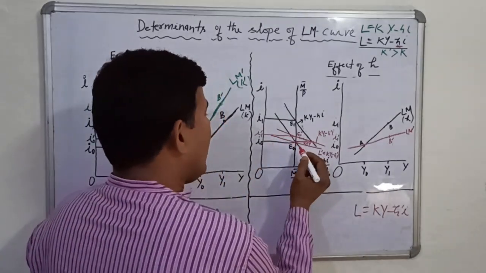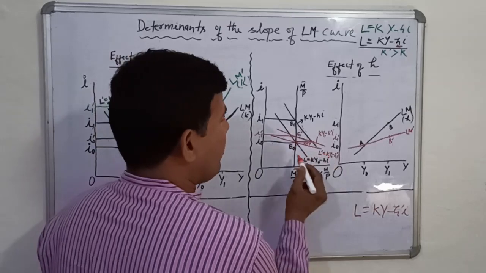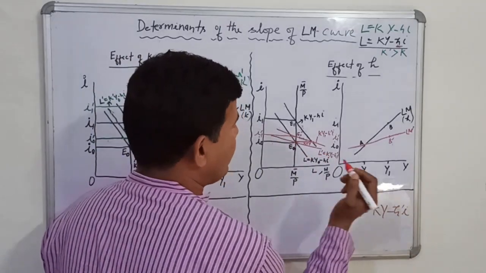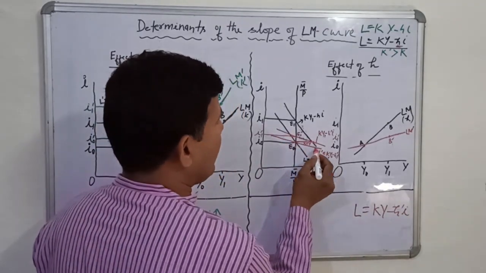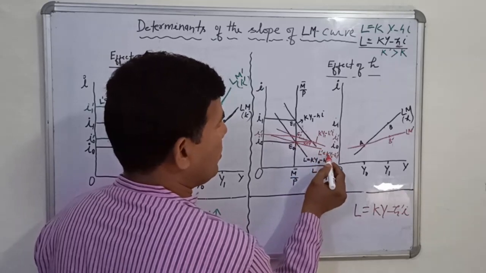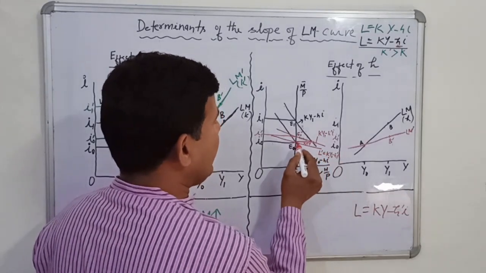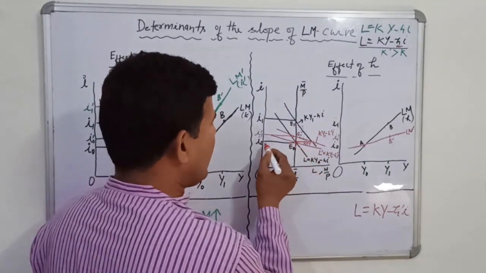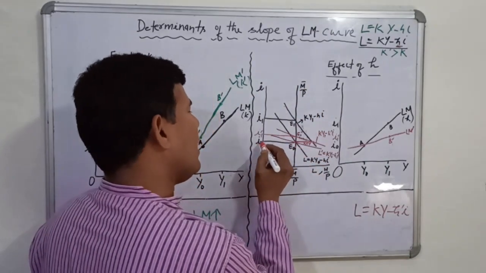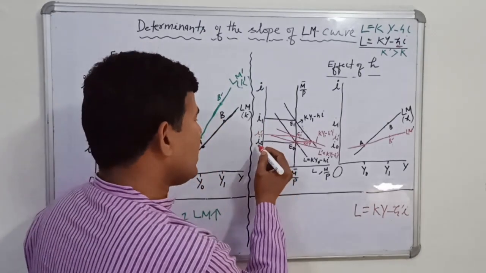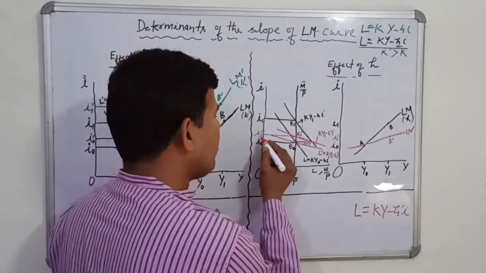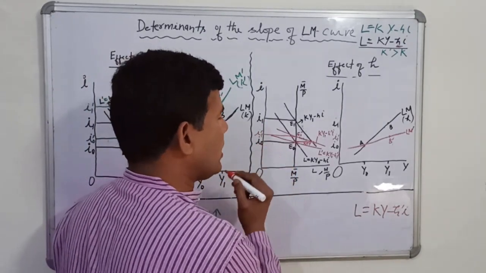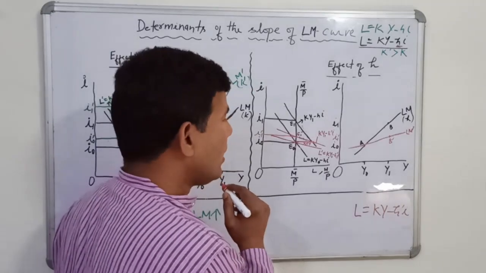So what do you get? For a higher level of H, we get this money demand line, which is L prime equal to ky naught minus h prime I, that intersects the money supply line at E naught, and the equilibrium rate of interest is I naught. Now this equilibrium interest rate I naught is associated with which level of income?